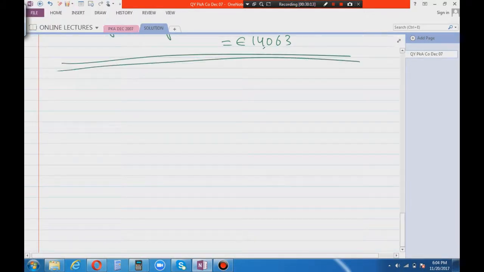This hasn't been asked in the exam. Let me tell you that again. Recalculating savings hasn't been asked in the exam, but maybe next time you'd be asked.